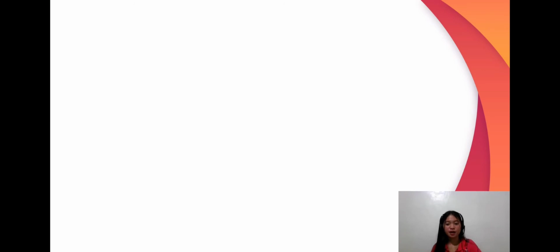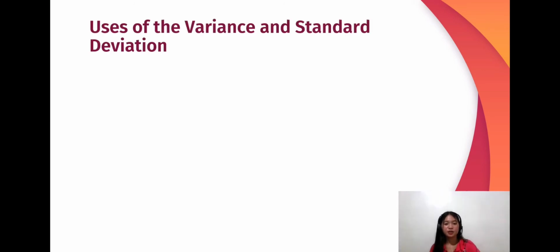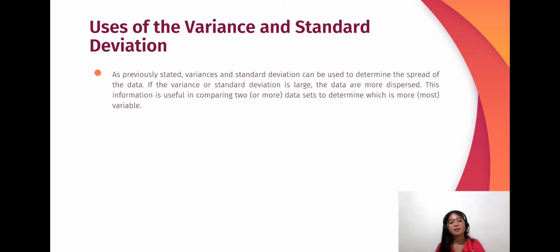So, let's talk about the uses of the variance and standard deviation. First, as previously stated, variance and standard deviation can be used to determine the spread of the data. If the variance or standard deviation is large, the data are more dispersed. This information is useful in comparing two or more data sets to determine which is more or most variable.